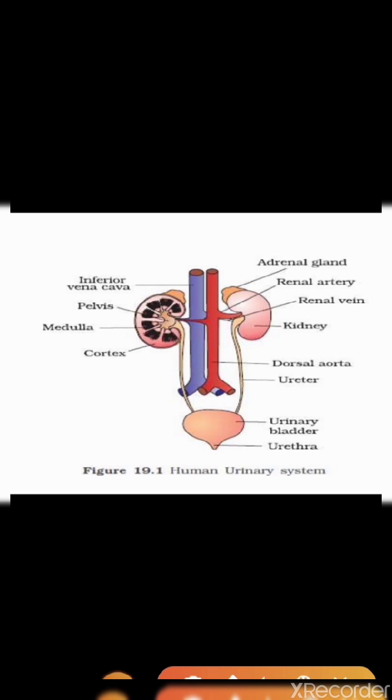The ureter arises from the hilum only. You can see the ureter arising from the hilum, in the median surface of each kidney, and it connects behind with the urinary bladder in the lower part of the abdomen.